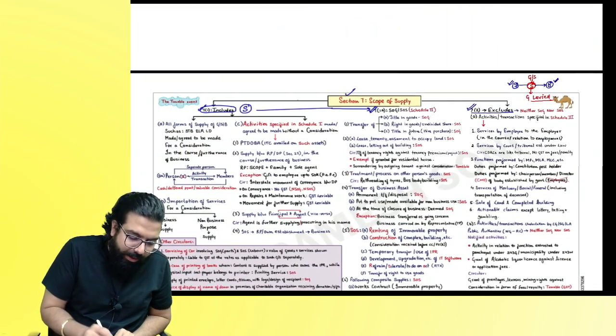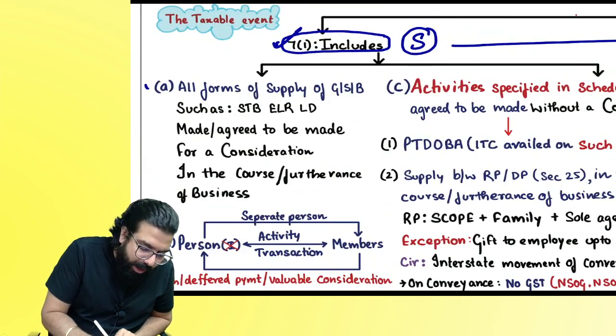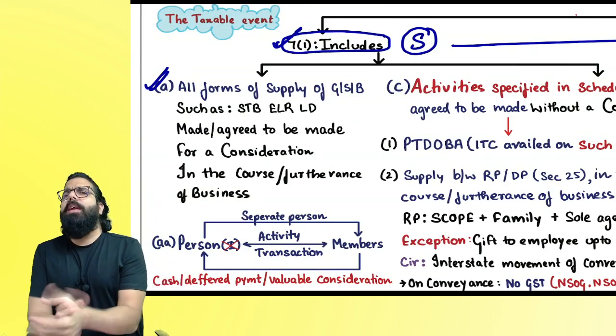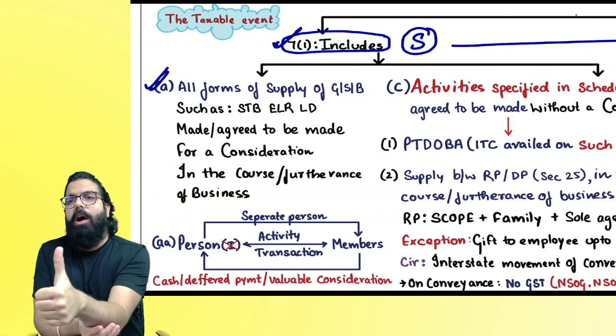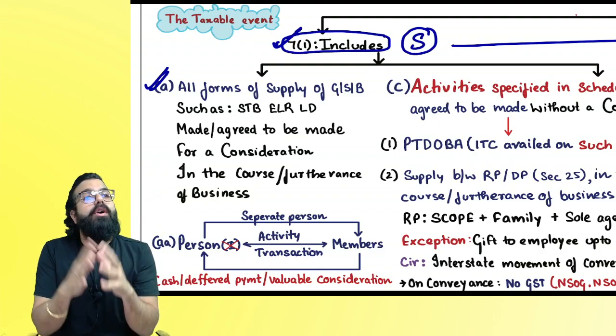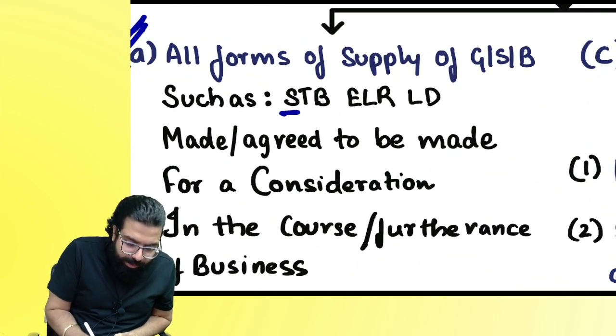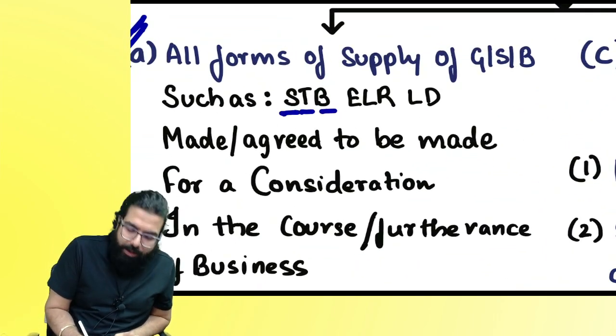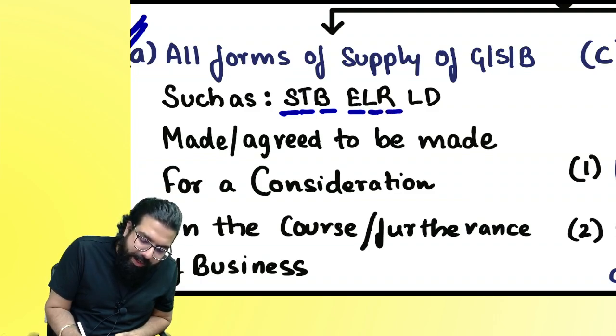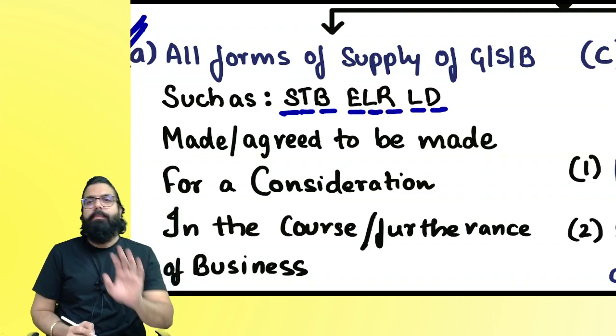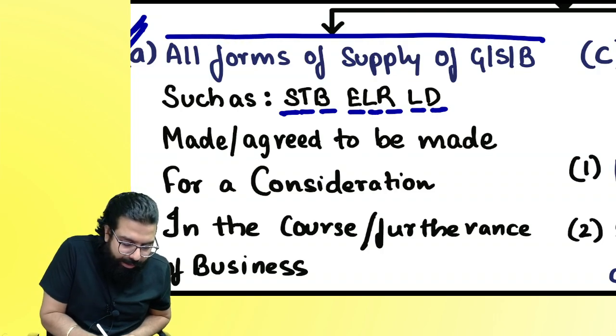The first activity is section 7.1A. Section 7.1A talks about all forms of supply of goods, services or both, such as sale, transfer, barter, exchange, lease, rental, license, disposal. So it can be any activity.